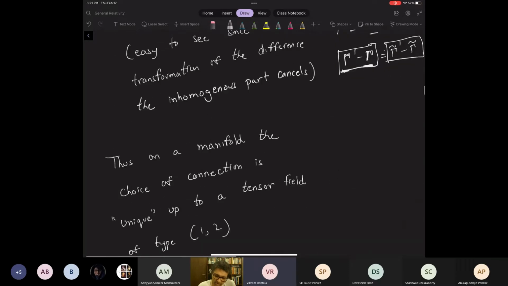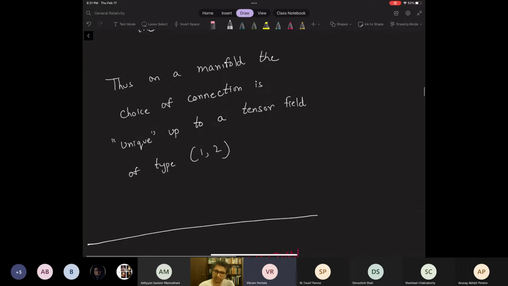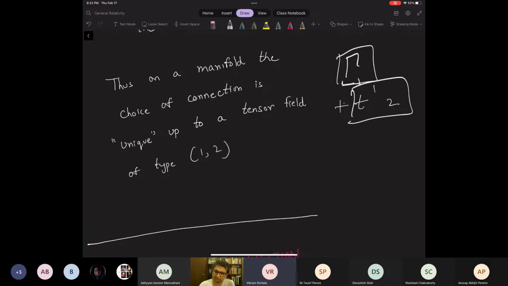So on a manifold, once you pick one connection coefficient, any other possible choice is related to one default choice by adding tensors of type 1, 2. There's one basic choice that you can make, and beyond that you can generate other choices by adding these tensors. Does that make sense?